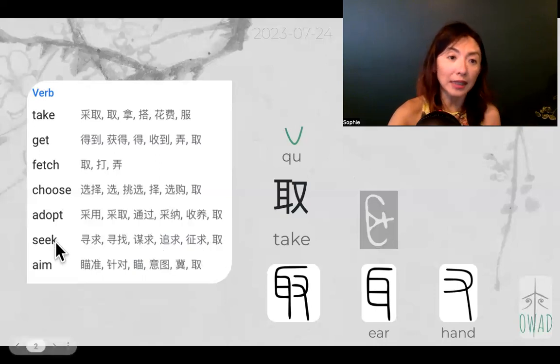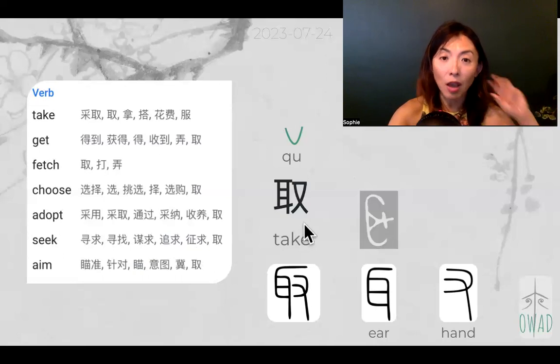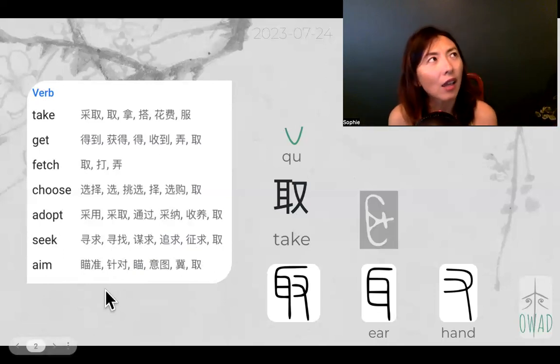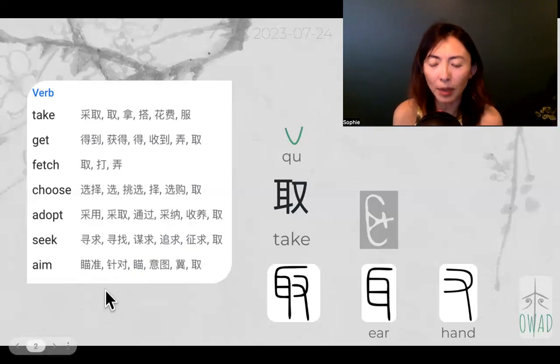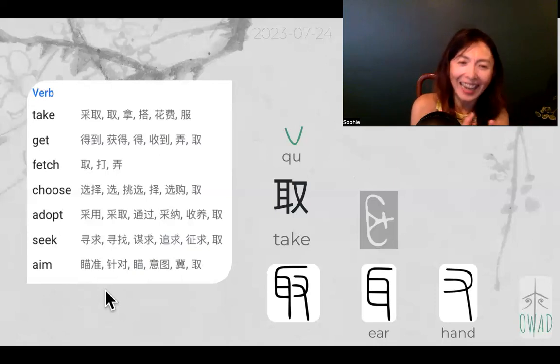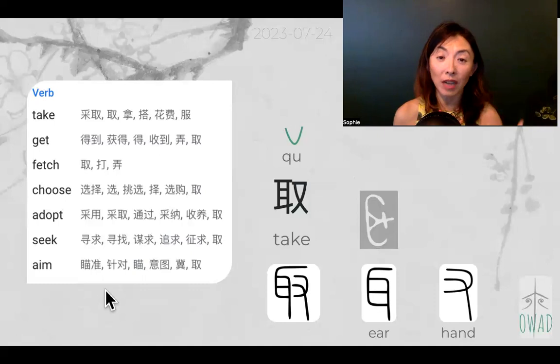And 取 means seek as well. Seek, take, get, fetch are kind of similar concepts, English verbs, but in Chinese we can all just use 取. And even aim: I guess aim can also be explained by the context. When you take an aim at something, it becomes aim. So English has all these variations of translations, while in Chinese we don't distinguish.